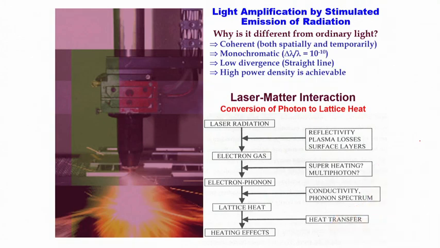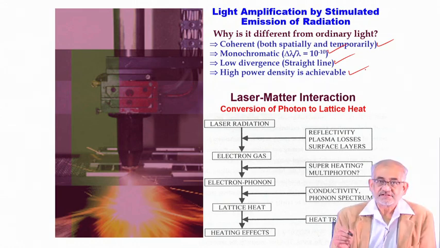So as I said, there are four things which are important: the coherence, the monochromaticity, the low divergence, and high power density. All these four characteristics together make laser a most suitable source of heating for various kinds of materials processing.